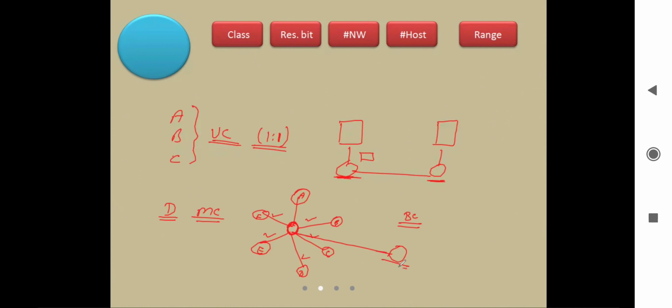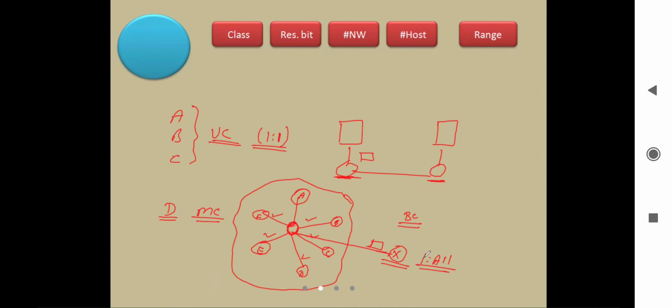Broadcasting means that, assume this system is X. This system X is transmitting a packet to all the persons, A, B, C, D, E, and F, all these persons. Then we say that it is doing broadcasting. So one to all means broadcasting.